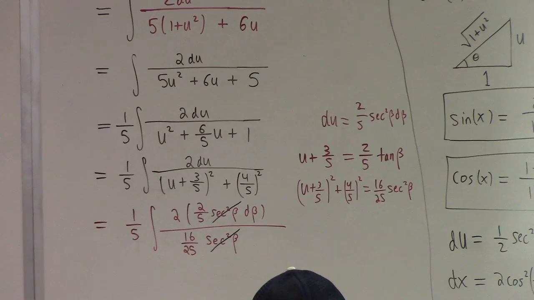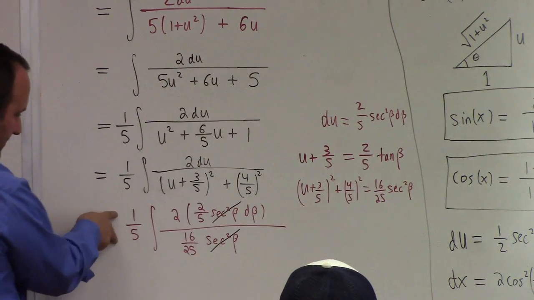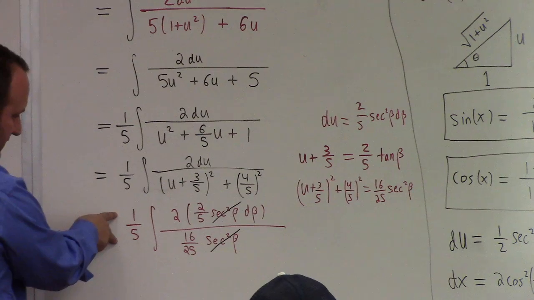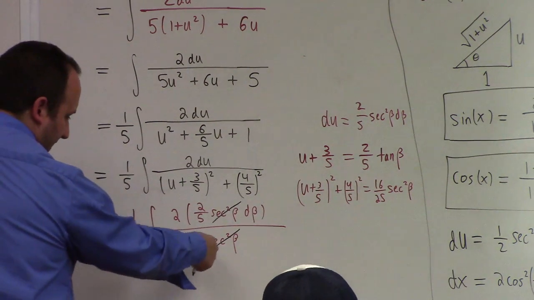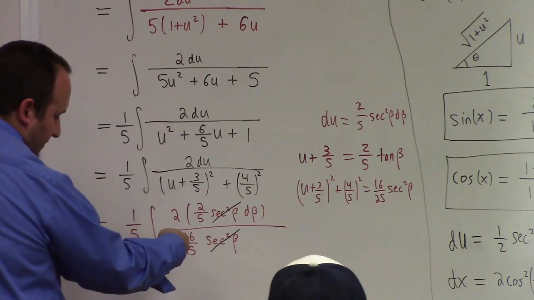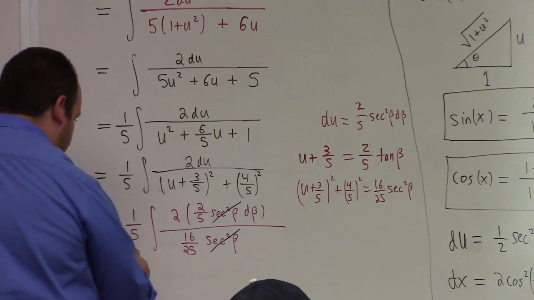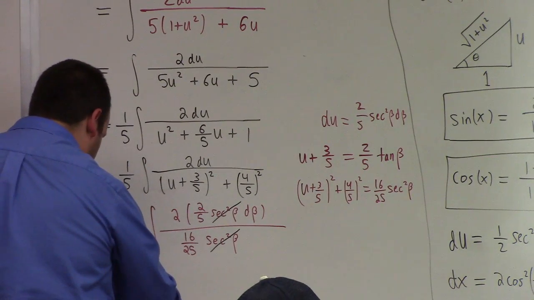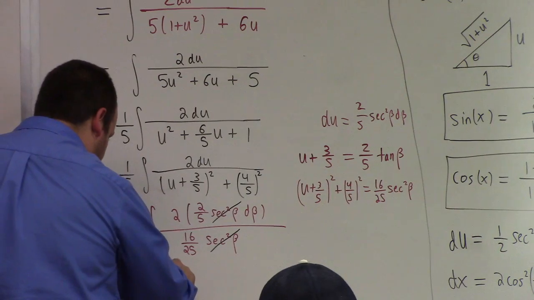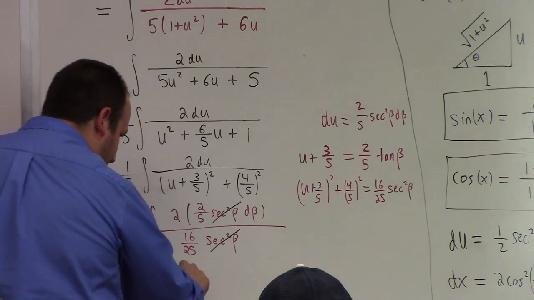And then some other things cancel, right? Oh yeah, check it out. So this 2/5 comes out in here and makes a 4/25, but when you multiply 4/25 by that, the 25s cancel, and you're left with 4 over 16, so it's 1/4. So I've got 1/4 integral of d beta.